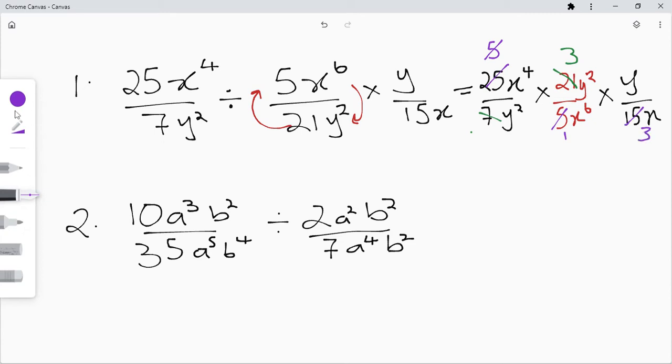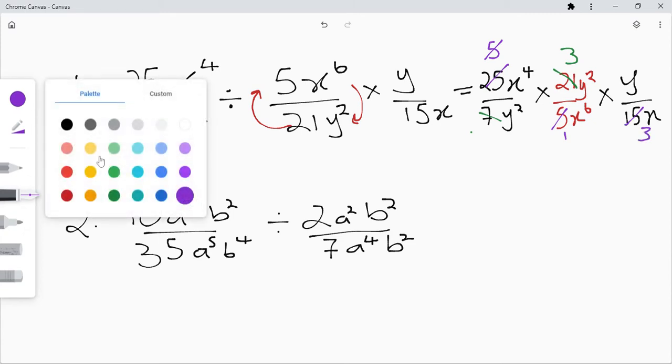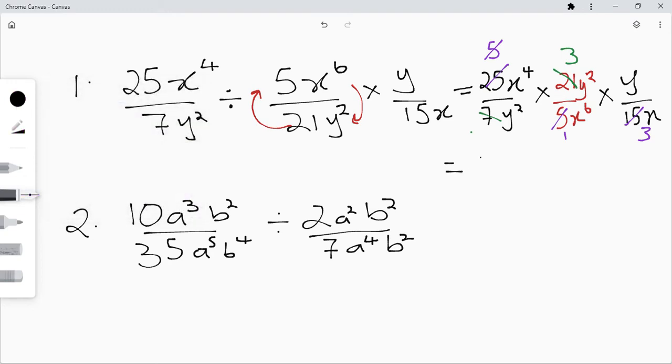So we're going to have 3 times x to the power 4 times y cubed, right? I'm doing this in steps so that I can simplify it further.